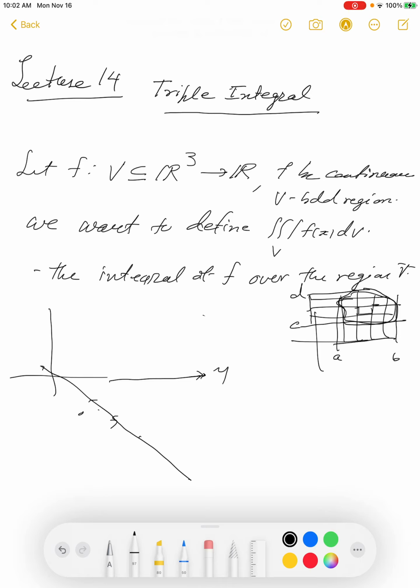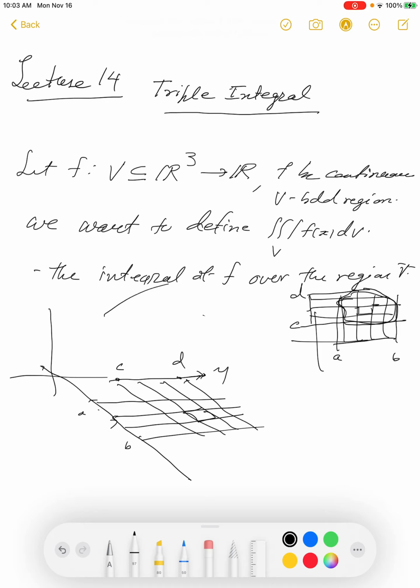Now similarly, we'll take a partition. So let's call this region in the xy plane AB, this region CD, and we are going to make a partition of the x-axis, y-axis and z-axis, and I will get a typical piece here. Now I have a function on this region. This region, let's suppose, is this blob.